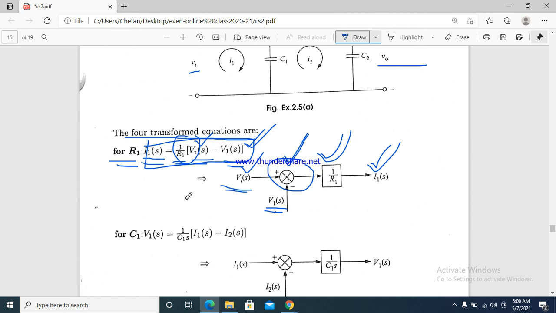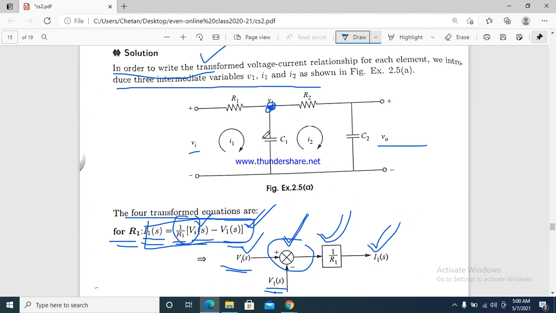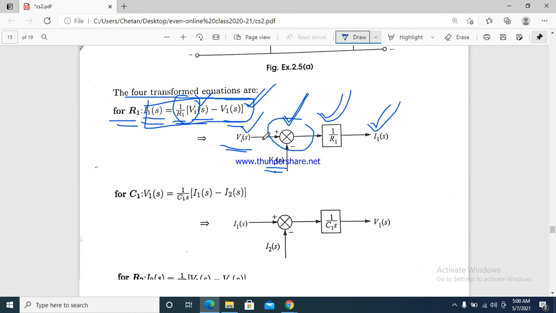For capacitor C1, we will see what they have written. V1 of S equals, and you also know that I equals C into dV by dt. This is the current flowing through the capacitor.